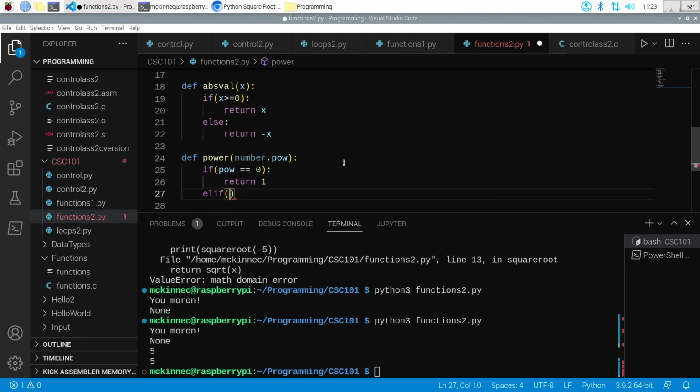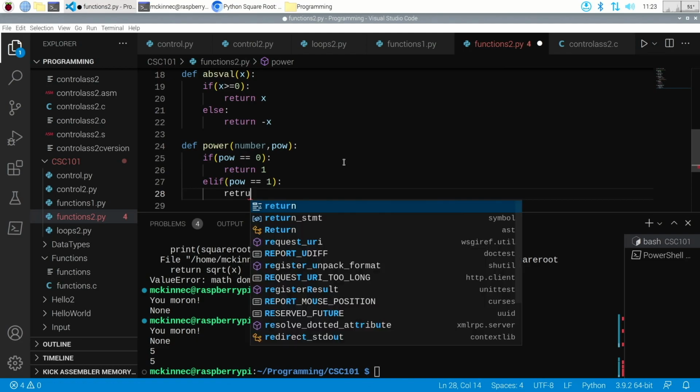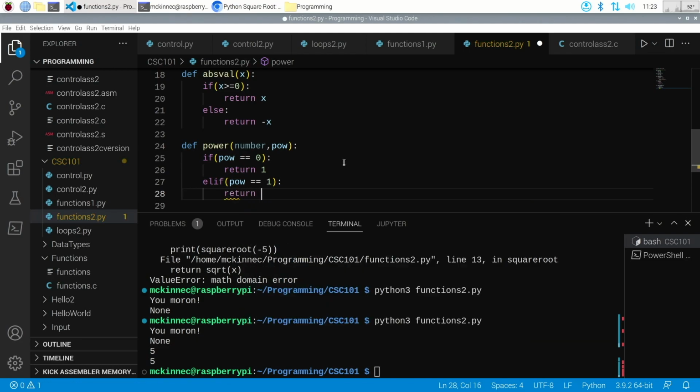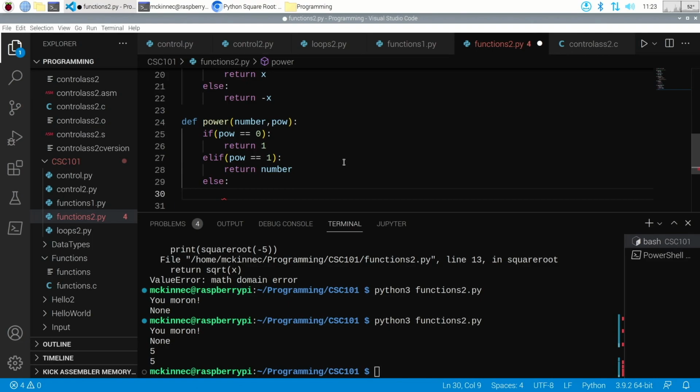What about if the power equals 1? What's anything to the 1? Itself. Okay, so those are kind of the two silly cases.